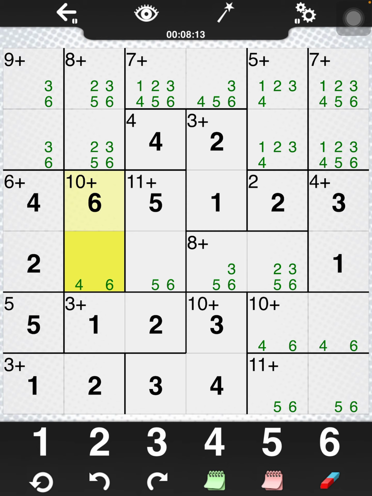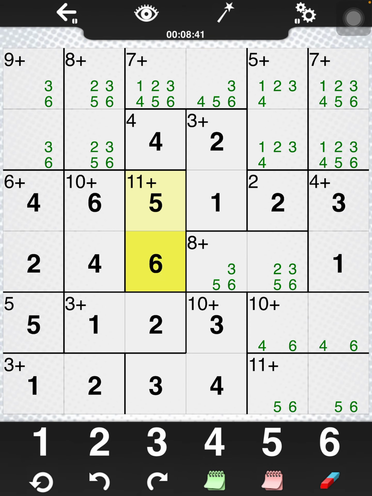I am on my 4th row, 2nd column. 6 has been used. I have 2 choices, 4 and 6. If 6 has been used, this left is 4. On my 3rd row, 3rd column, 5 has been used here. But on my 4th row, 3rd column, I got 5 and 6. So 5 already been used, 6 is out of the way.